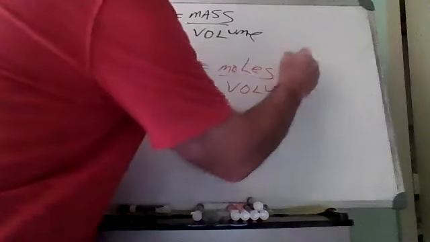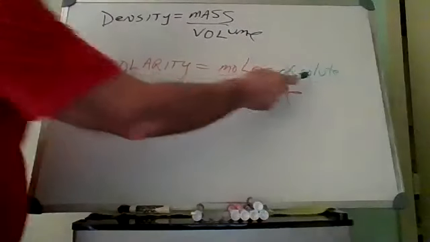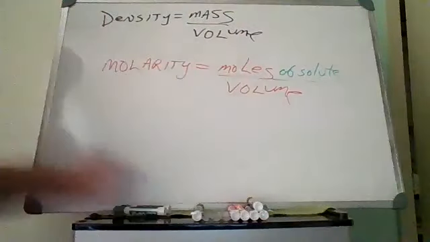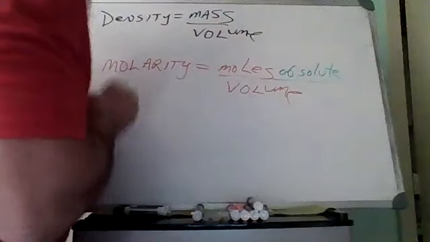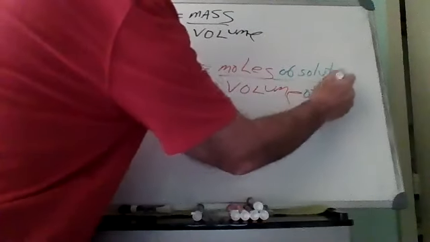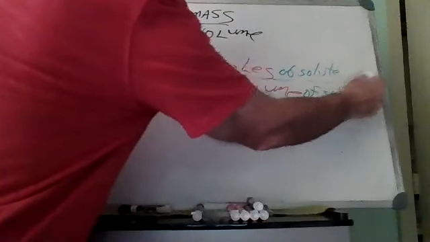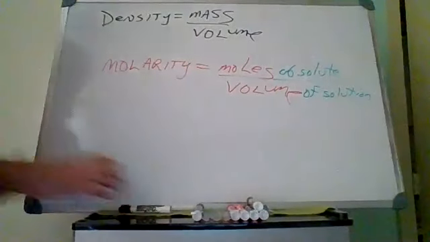So I'll put moles of solute. All right, so if we're dissolving sodium chloride in water, the sodium chloride would be the solute, divided by the volume, not of the water, but of solution. All right, we'll talk more about this in a few moments. Okay, so moles of solute divided by volume of solution.